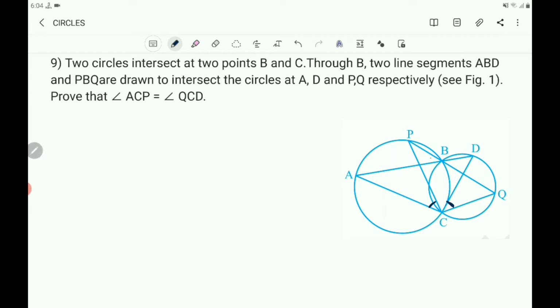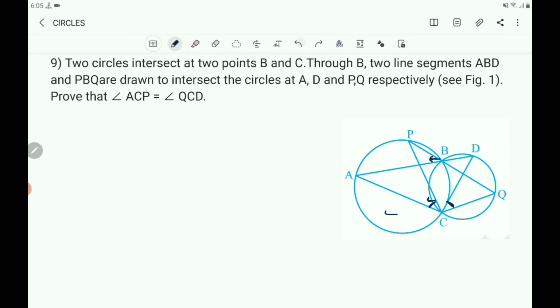Here you know that angle ABP and angle ACP are in the same segment of the circle, so they must be equal. And in this circle also you observe these two angles, angle DCQ or QCD and angle DBQ are in the same segment, so they must be equal.